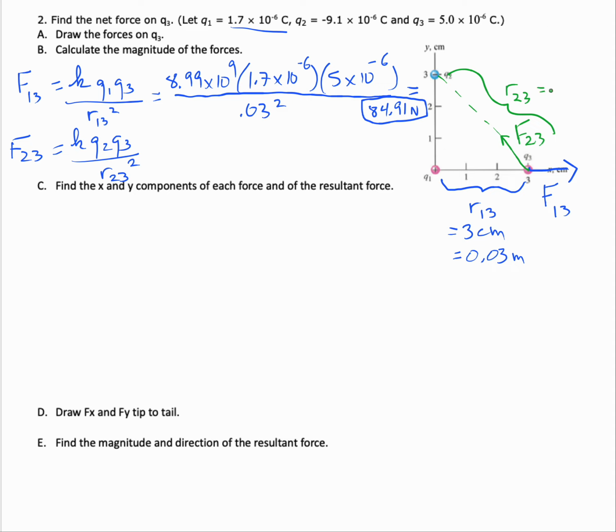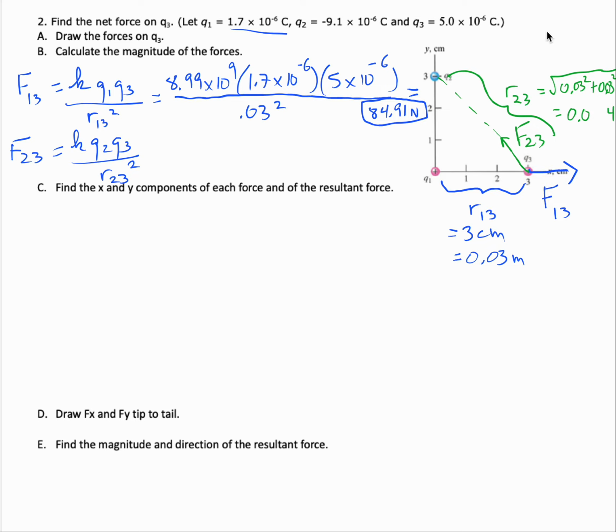We're going to say that R23 is equal to the square root of 0.03 squared plus 0.03 squared, the legs of the triangle. And that's going to give us a distance of 0.0424 meters.